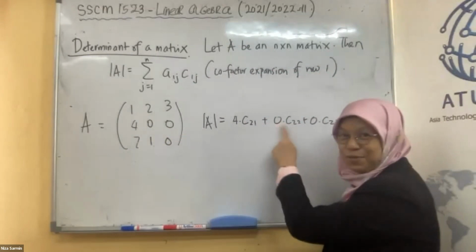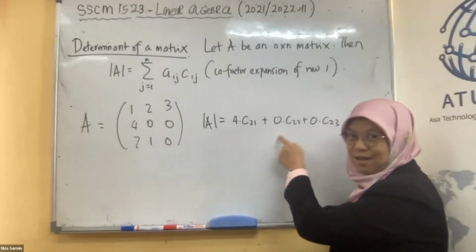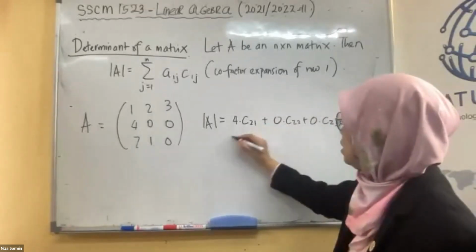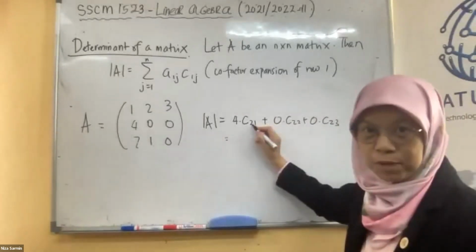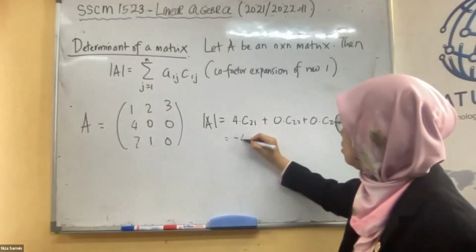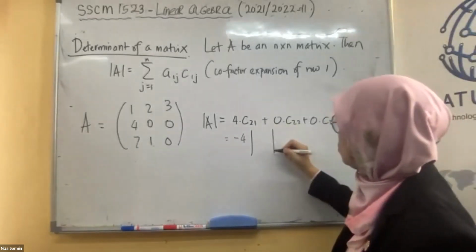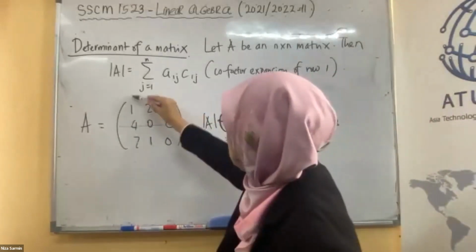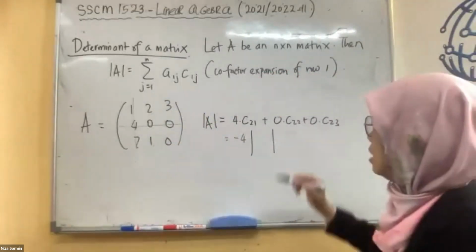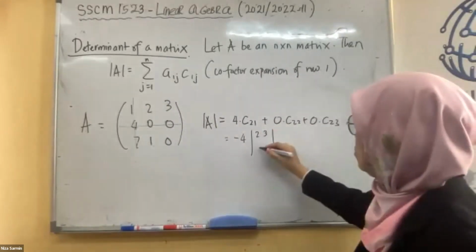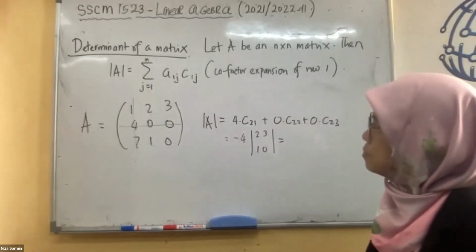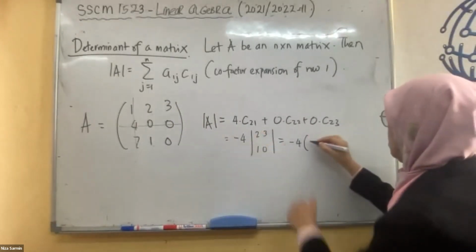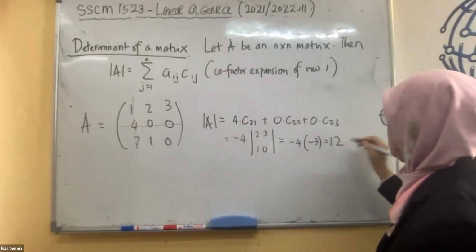You don't really have to even calculate this, right? Because they're all zeros, forget it. And then for this one, it's negative, right? 2 plus 1 is odd, so negative. So negative 4, then you have to calculate M2,1. M2,1 is by taking this out. So 2, 3, 1, 0. Then you get negative 4 times negative 3, which is 12.